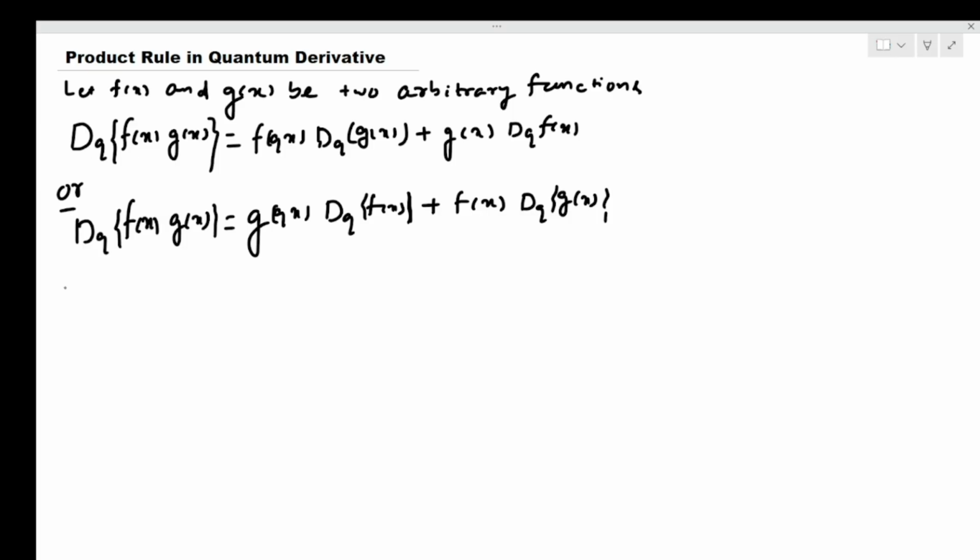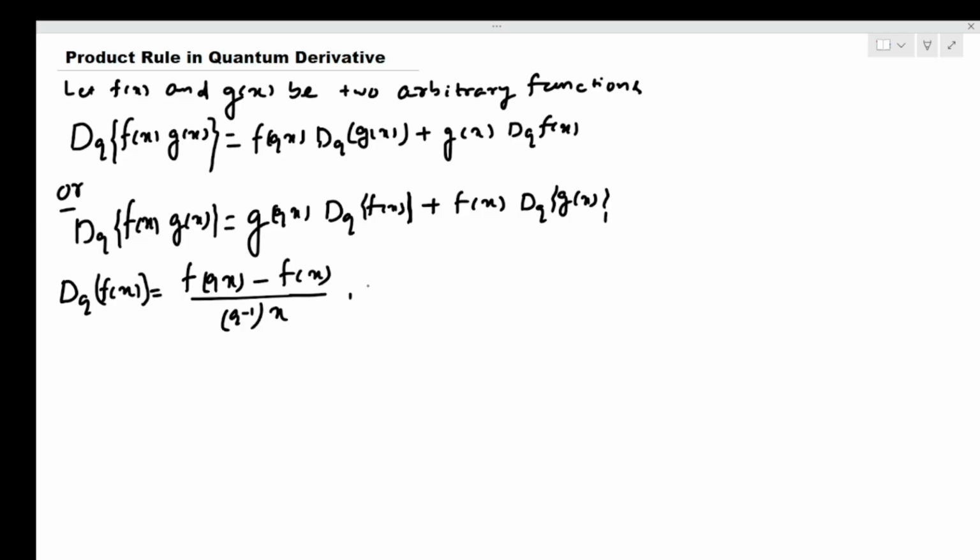So first we will see the form. We have the quantum derivative of f of x, we know that is f of qx minus f of x divided by q minus 1 into x.